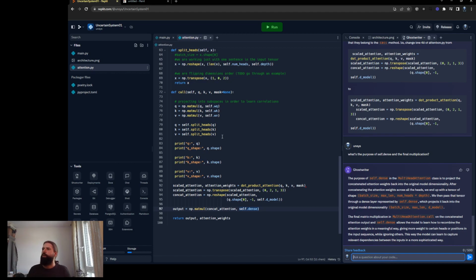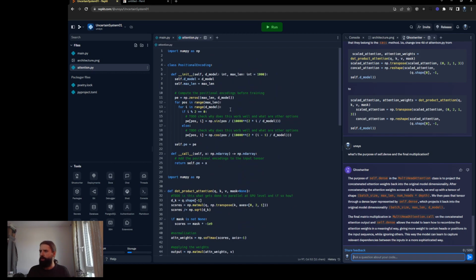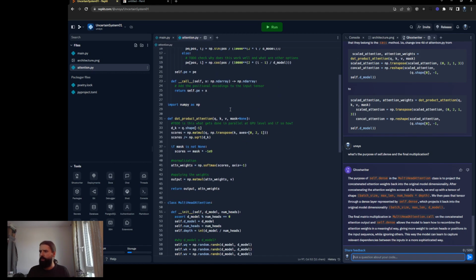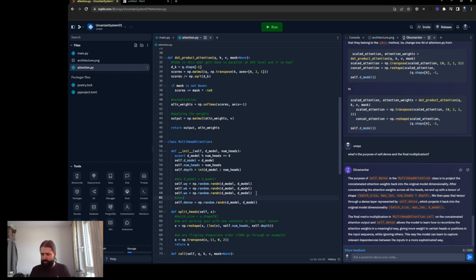This dense is calculated here, right? Here, dense. But that's not true because it's d model. So something's off. Shouldn't these have different shape?